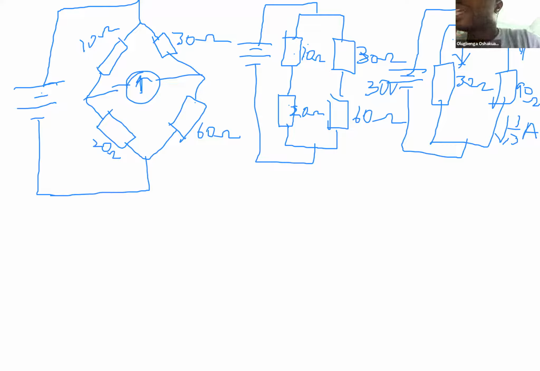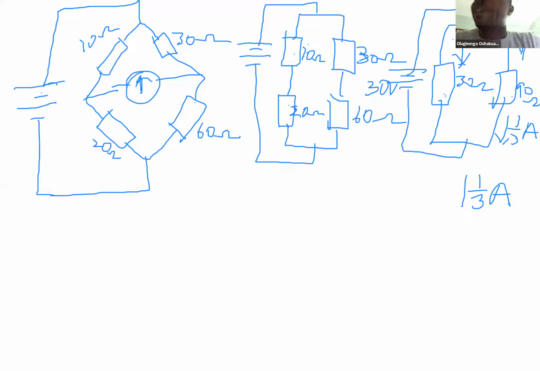So that means that if you play after this class, by replacing 30 and 90 ohms with a single resistor, resolving them in parallel, the total current that will flow out of this 30 volt battery will be 4 over 3 amperes.